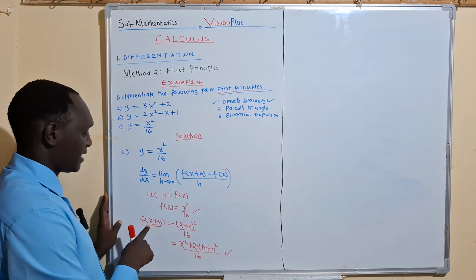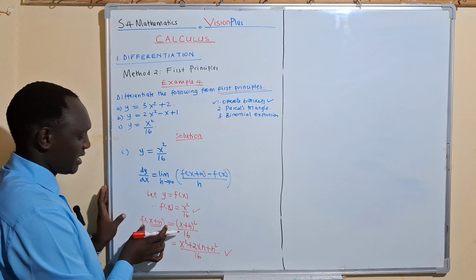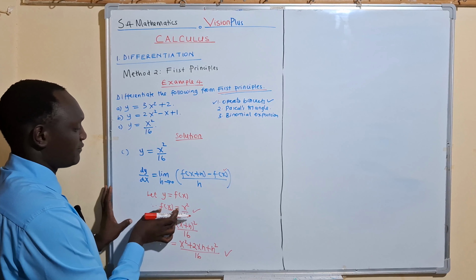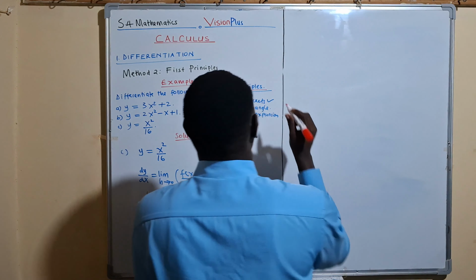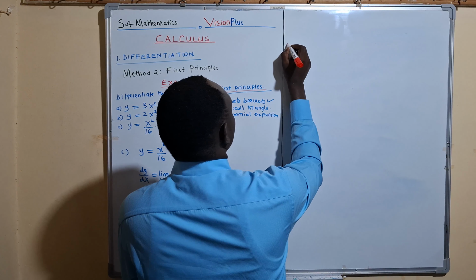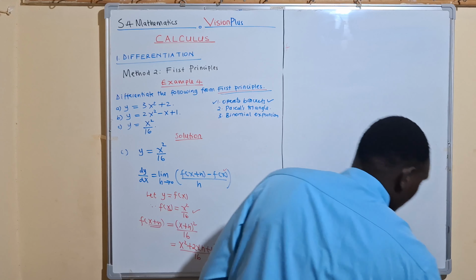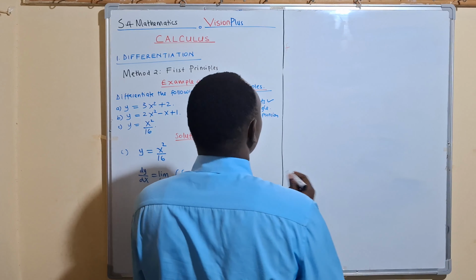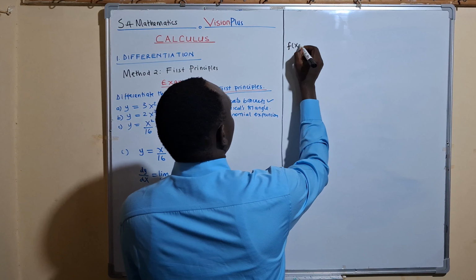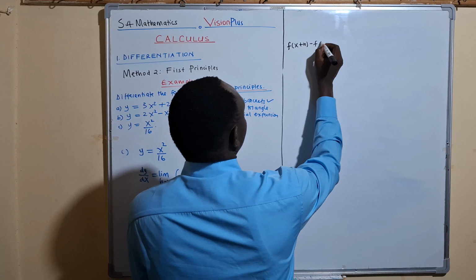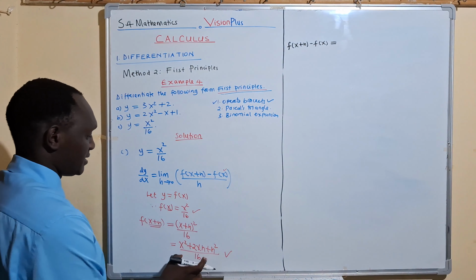Now, after getting f of x plus h, we simply need to get the difference. That is f of x plus h minus f of x, as the formula states. So we simply substitute our result at once. So f of x plus h minus f of x becomes this, where this is f of x plus h.